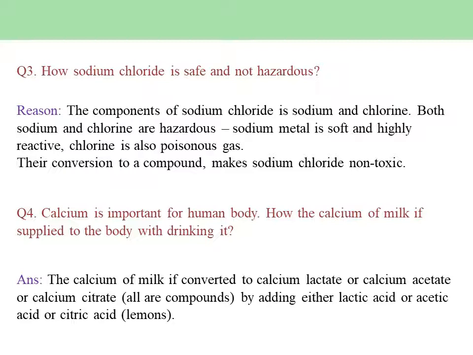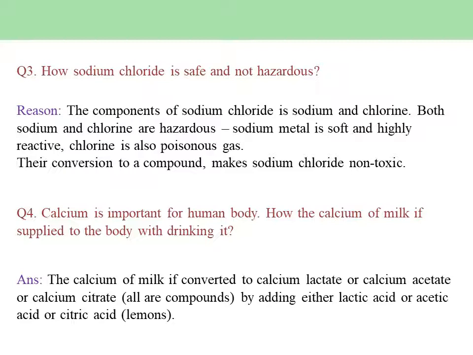All together is not possible. Either of the one is possible. Either calcium lactate or calcium acetate or calcium citrate. Citric acid is present in lemons. So lactic acid or citric acid or acetic acid, whichever one is comfortable, if we add that to milk, then what will happen?